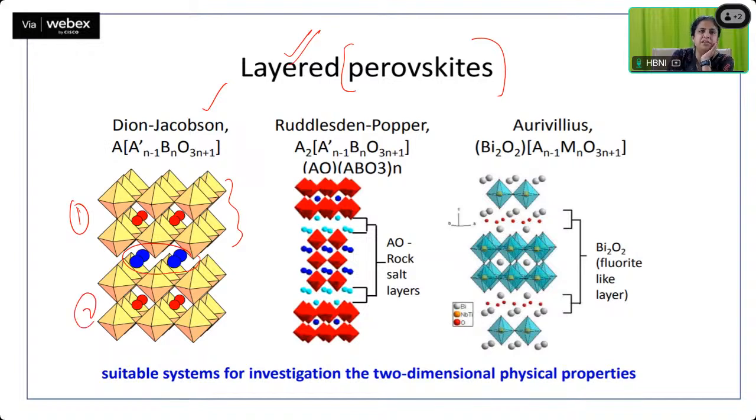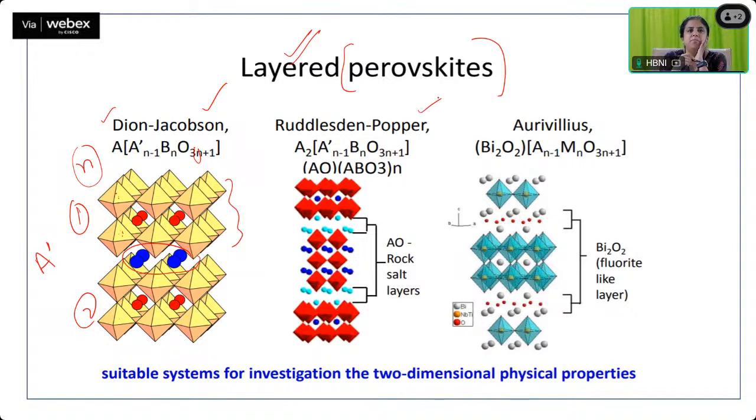In the middle, they will be interspersed by a different A cation, a layer of A cation. That is called Dion-Jacobson. And what is this n? Here they are showing 2 layers of BO6 joined together. n is how many layers of BO6 join together, which characterizes that particular Dion-Jacobson structure.